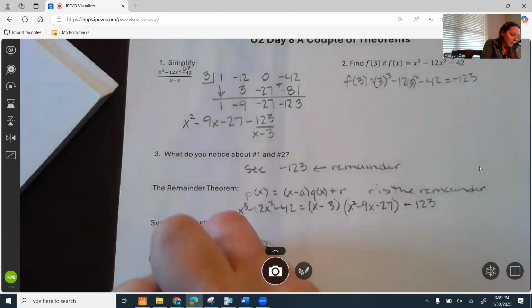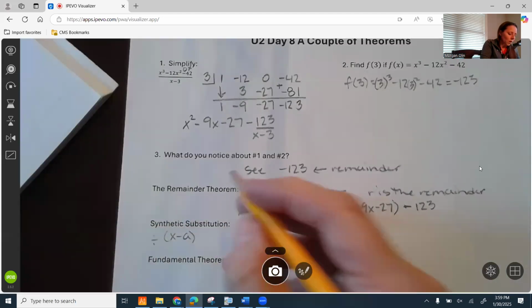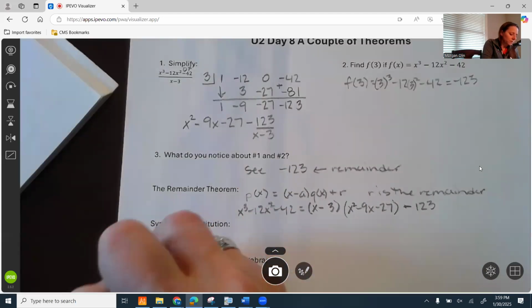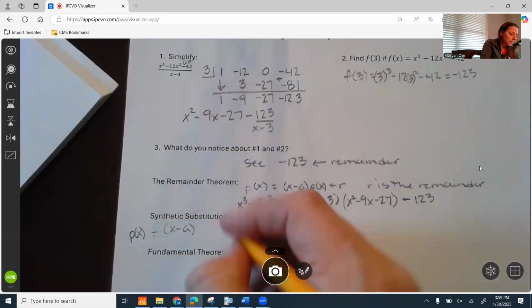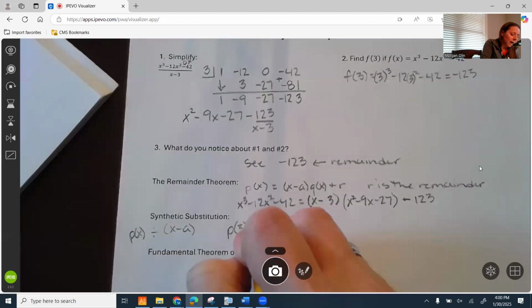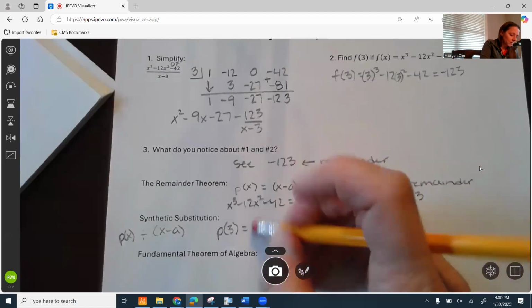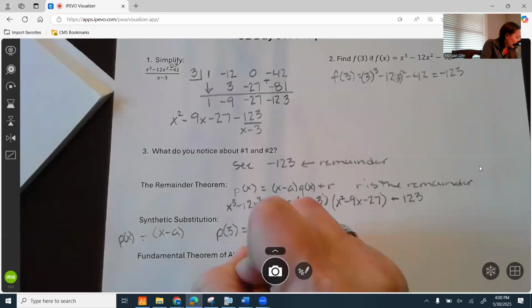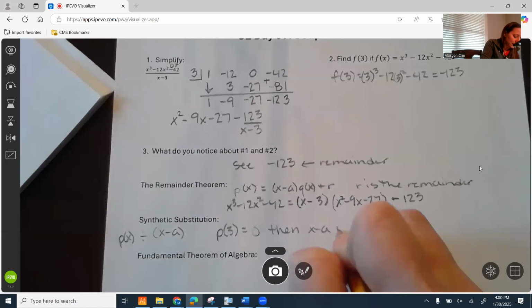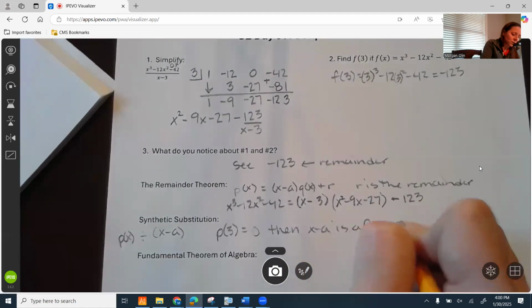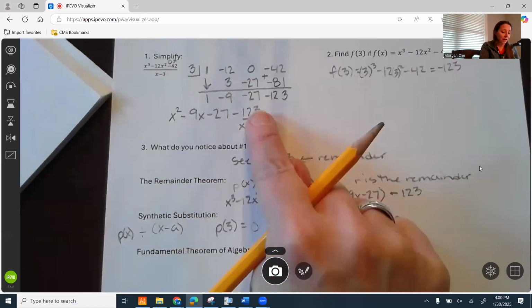If I'm dividing p of x by x minus a, in this case I divided by x minus 3 up here, then if I plug p of 3 in here and it gives me 0, then x minus a is a factor. Now, was x minus 3 a factor? No, because it came out as a number.